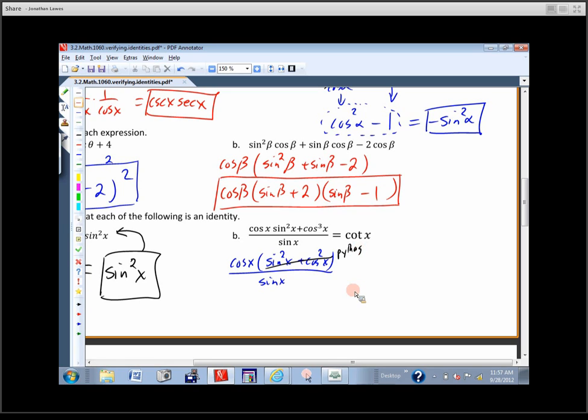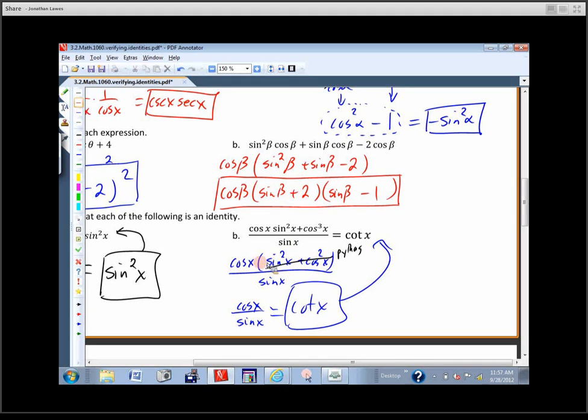It's nice, if nothing else, if you just write yourself a little reminder, or at the very least make a mental note of what you did. This is a Pythagorean identity, and it equals 1. So down below, because that equals 1, the top is 1 times cosine, so I've got a cosine of x over a sine of x, which is cotangent of x.